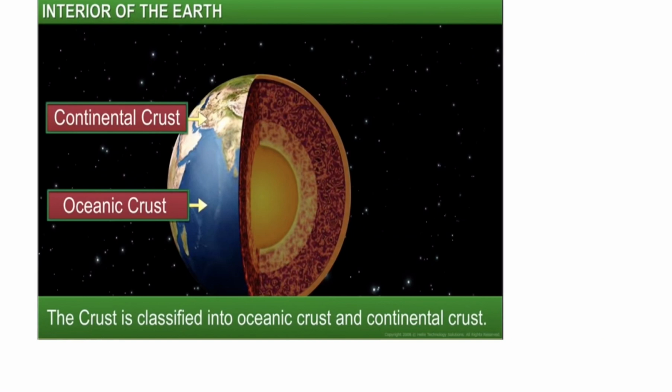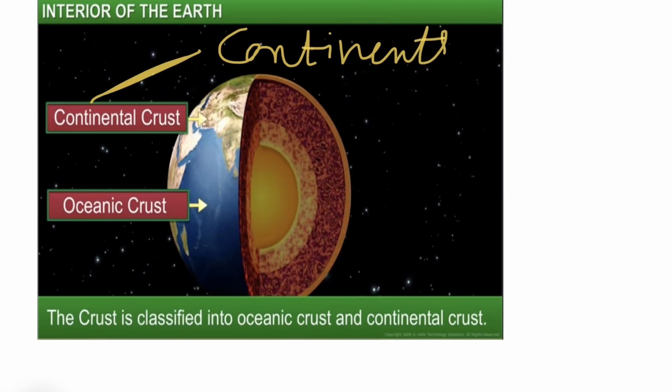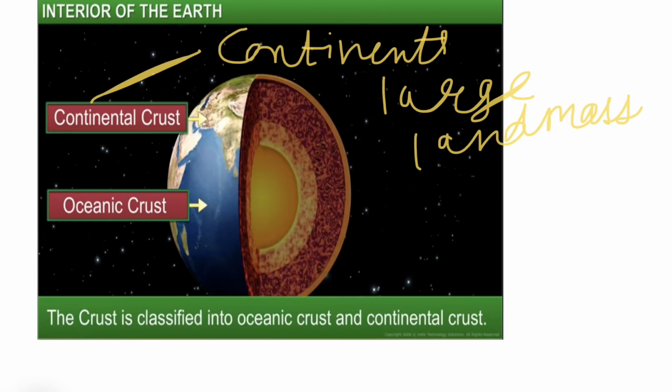Now, this continental crust is mainly made up of continents. Continents means the large land masses. So, continental crust means where the large land masses exist. And this arrow is also pointing towards the land area.